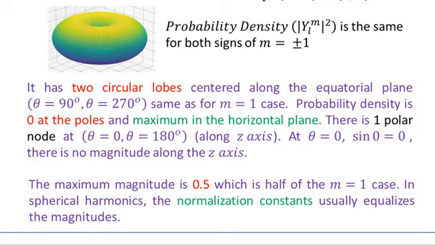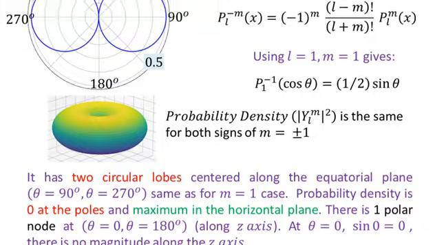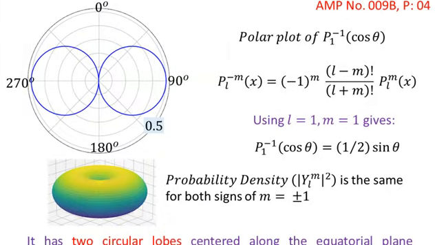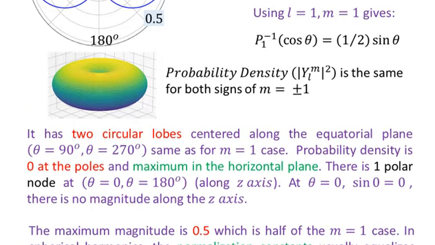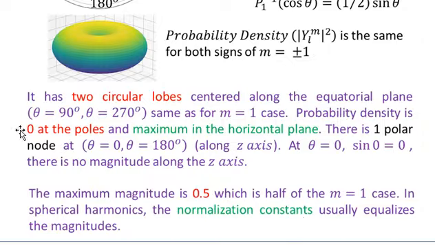As you can see from both plots, the polar plot and this donut shape plot, the function is not appearing in the center and the value of the function in the center is 0. That's why we say that the probability density is 0 at the poles, that is along the z-axis, and maximum in the horizontal direction, along the x-axis or the y-axis, or in this donut shape, maximum on the xy plane.